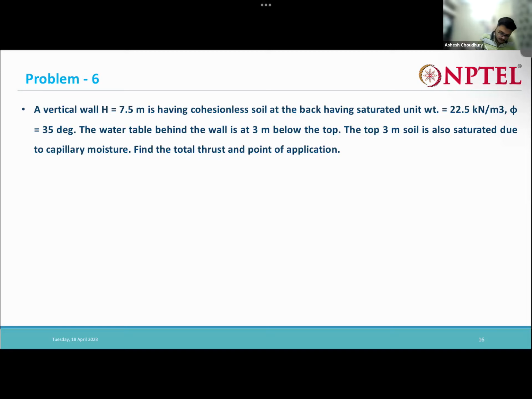Okay, so our wall is actually like this, 7 meters.